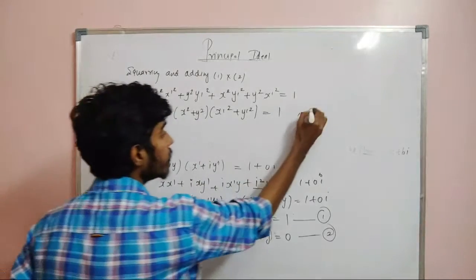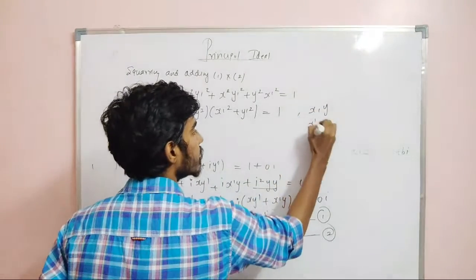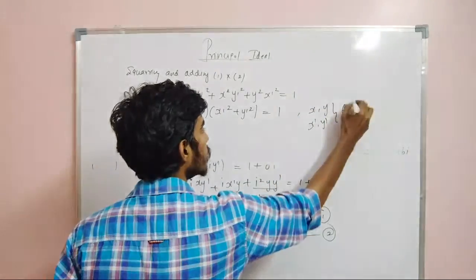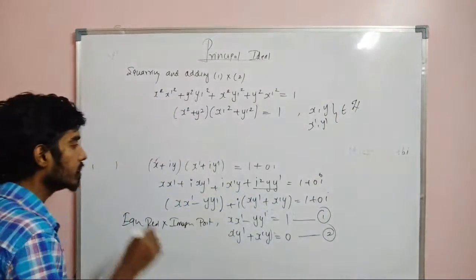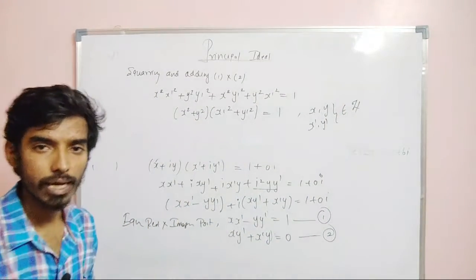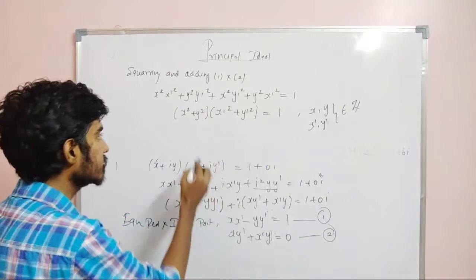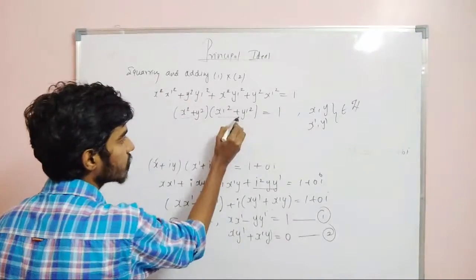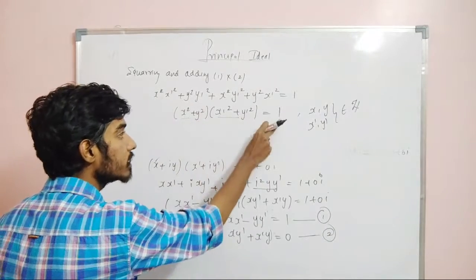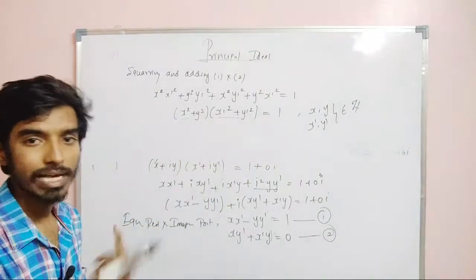Remember here x, y, x', y' all belong to integers, because the set is all a plus bi where a and b belong to integers. So this is an integer, this is an integer, and the product of two integers is 1. That means both have to be equal to 1.